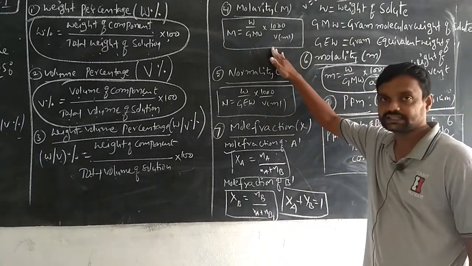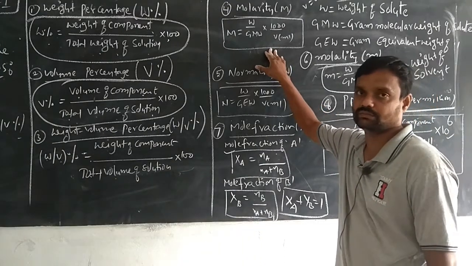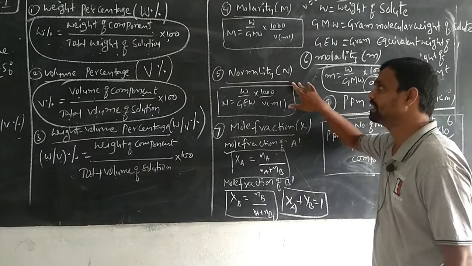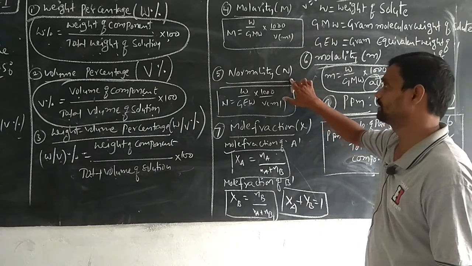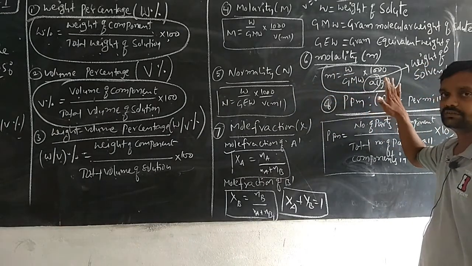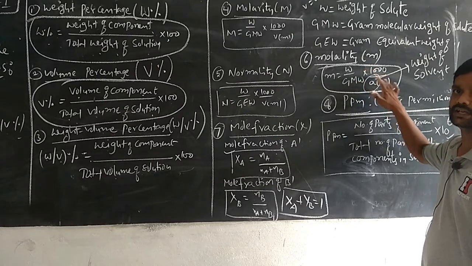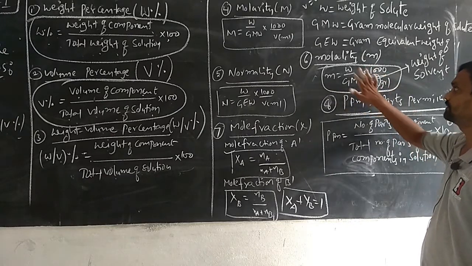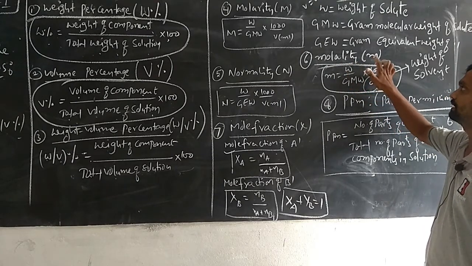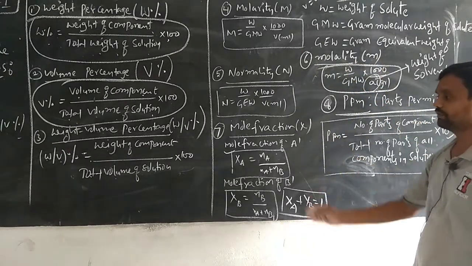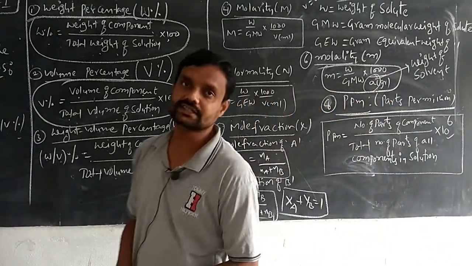Molarity is indicated with moles per liter or capital M. Normality is equivalents per liter or capital N. Molality, gram per gram, means there are no units, or it is also indicated with a small m. Mole fraction does not have any units because it is a ratio.